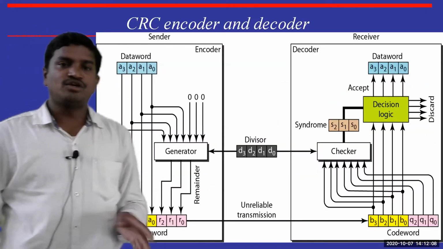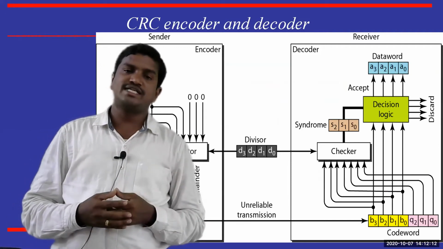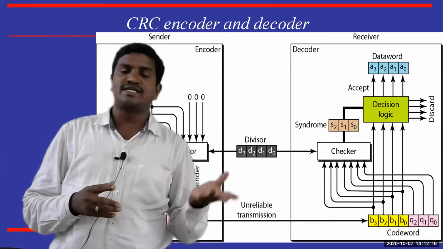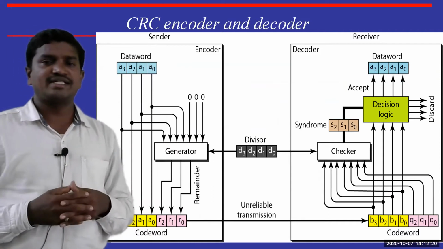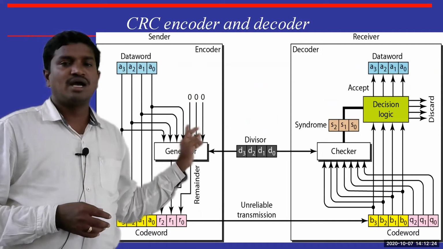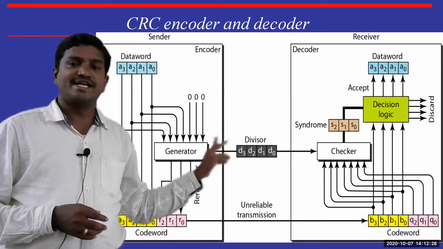Now the methodology of this CRC is: at the sender side you have a program called the encoder, and at the receiver side you have a program called the decoder. The idea behind this CRC code is that we take the data, and redundant bits are added to it.